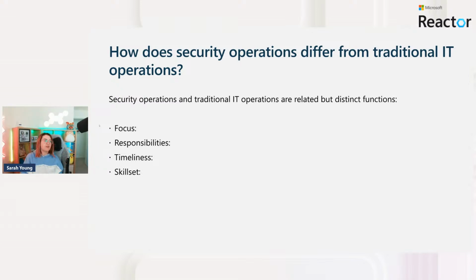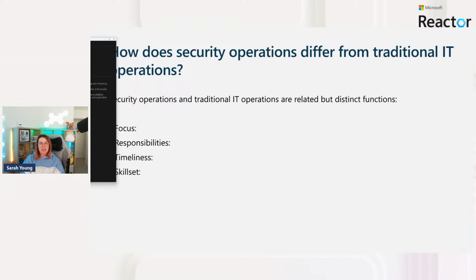IT operations generally focuses on managing and maintaining an organization's IT infrastructure, and maintaining that functionality and availability, whereas security operations will more prioritize, although availability is important, identifying security risks and responding to those incidents. And IT operations, in terms of responsibility, will be looking at system maintenance, software updates, user support, things like that.